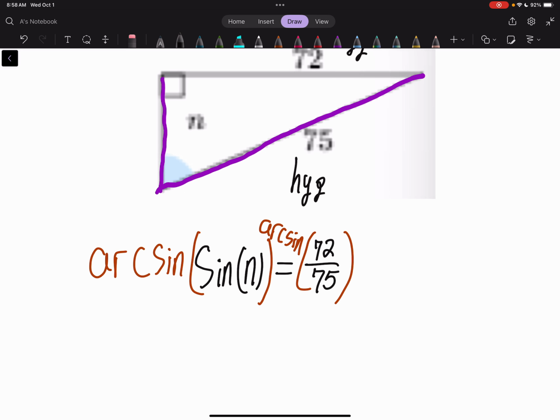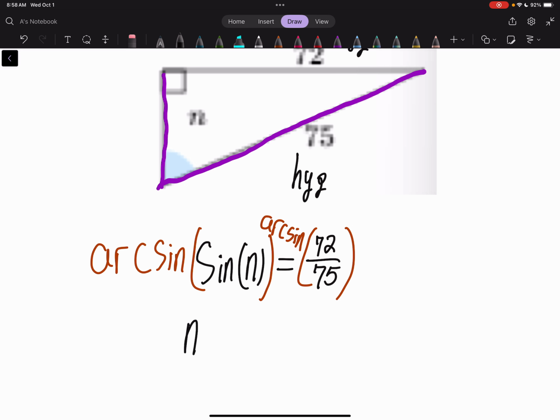So, I have N is equal to the arc sine of 72 over 75. This simplifies to 24 over 25. Now that is not technically needed. I just like that better, which is why I simplified it.